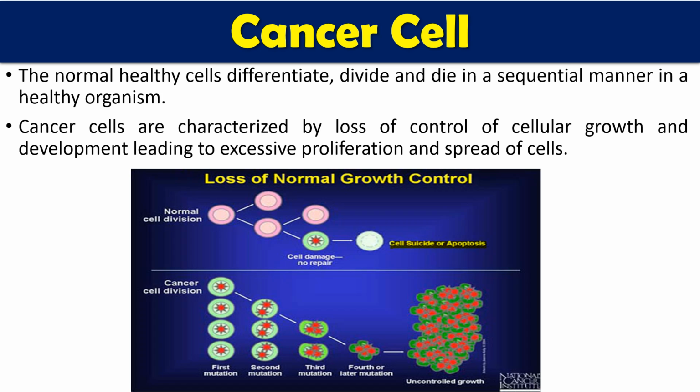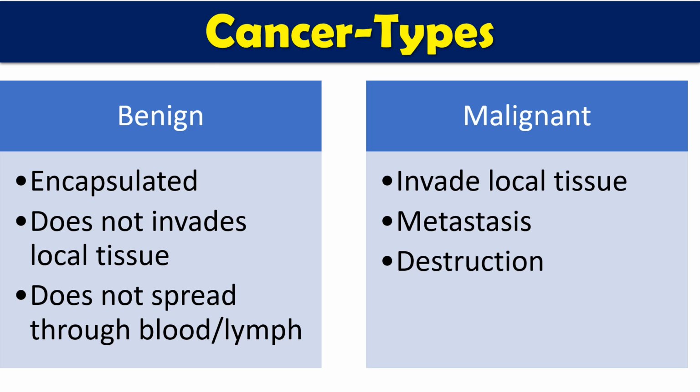Whereas in cancer cells, the cells divide in an irregular, uncontrolled fashion, and the cells have irregular shape. In the normal case you can see almost all the cells have regular shape and size, whereas in cancer cells their shape and size is modified and changed. So we have seen cancers are of two types, benign and malignant.